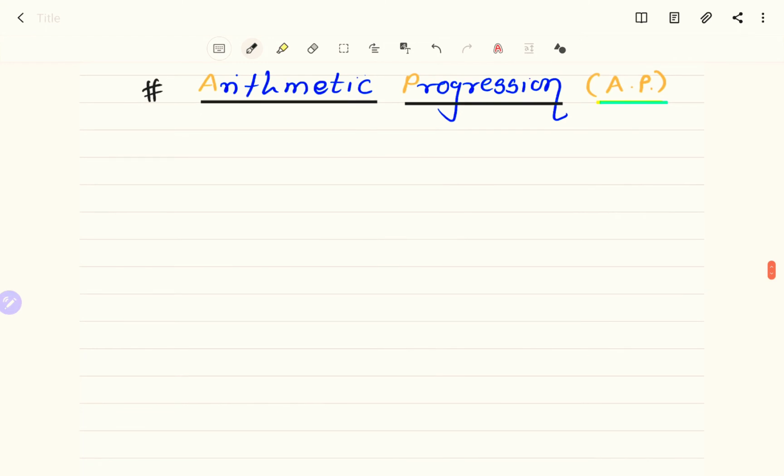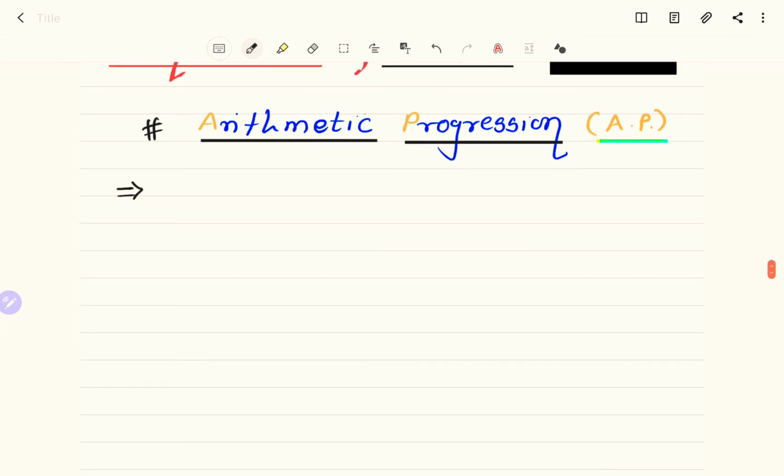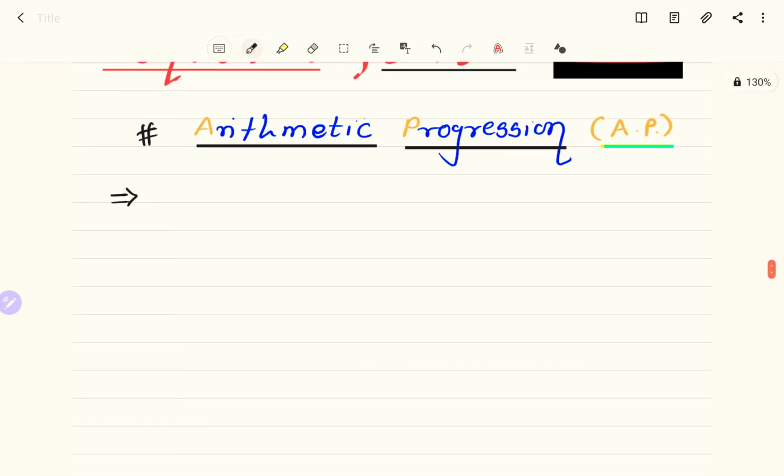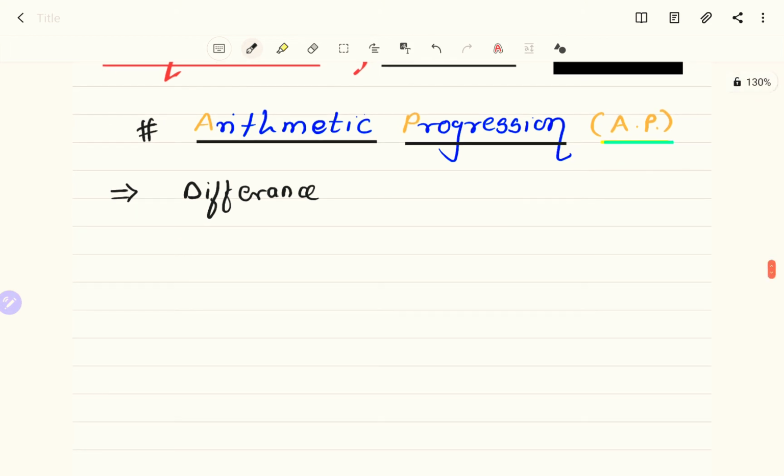Now, how to identify an arithmetic progression? There is one simple way. Try to observe the difference between two successive terms.